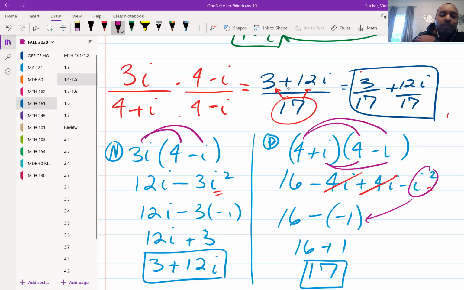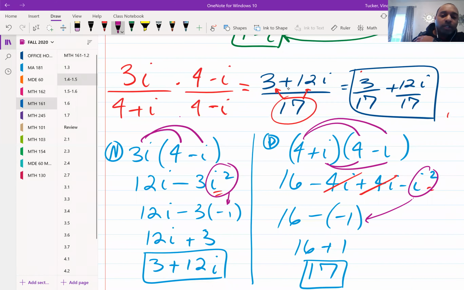So 3i times 4 is 12i. 3i times minus i is minus 3i squared. So once again, we have this i squared, which we cannot hold on to. That turns into a negative 1. So negative 3 times negative 1 is a positive 3. And remember, we want to write the real part first, then the imaginary. So that'll be 3 plus 12i.